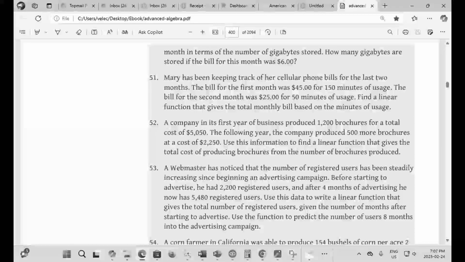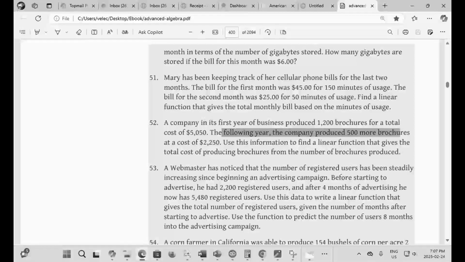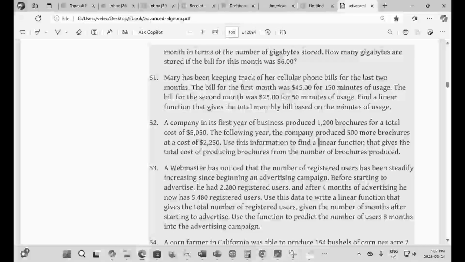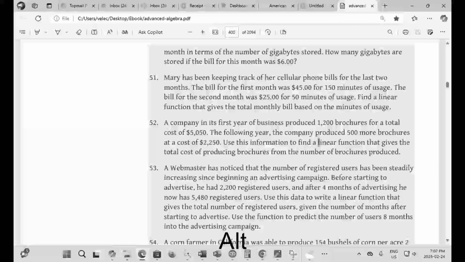The total cost was $5,050. The following year, the company produced 500 more brochures at a cost of $2,250. Use this information to find a linear function that gives the total cost of producing brochures from the number of brochures produced.